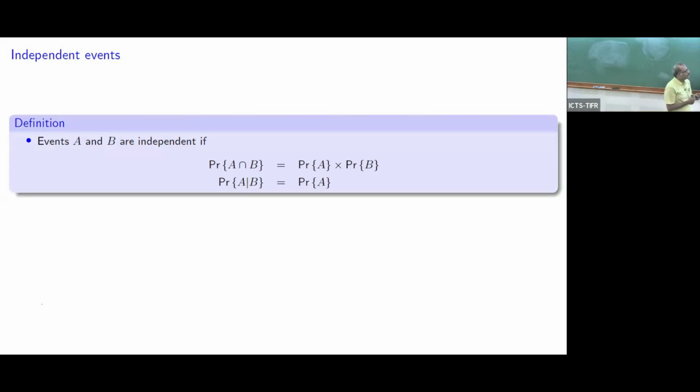Two events, A and B, are called independent, and I think this is a much easier way to think about this, if the probability of A given B is just the probability of A. That basically means that even if you know that B has occurred, it doesn't really change the chance values of A. So A is in some sense independent of the fact that B has occurred. That is one good way to think about this.